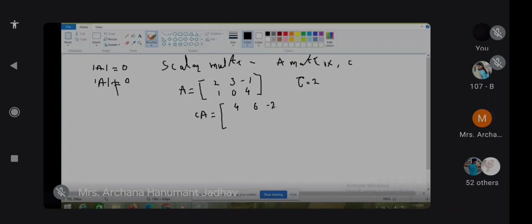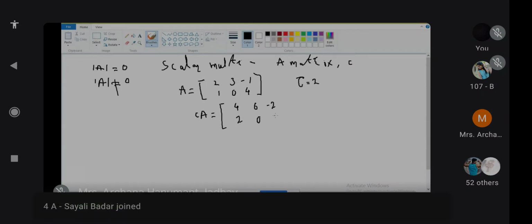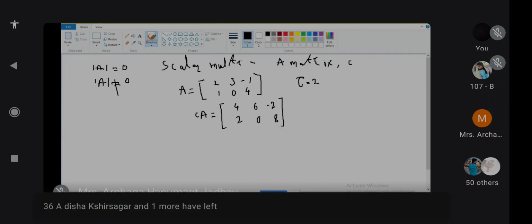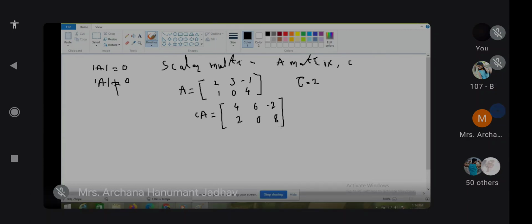Next one, 2 into 1 is 2. 2 into 0 is 0. 4 into 2 is 8. Okay. So this one is matrix scalar multiplication.